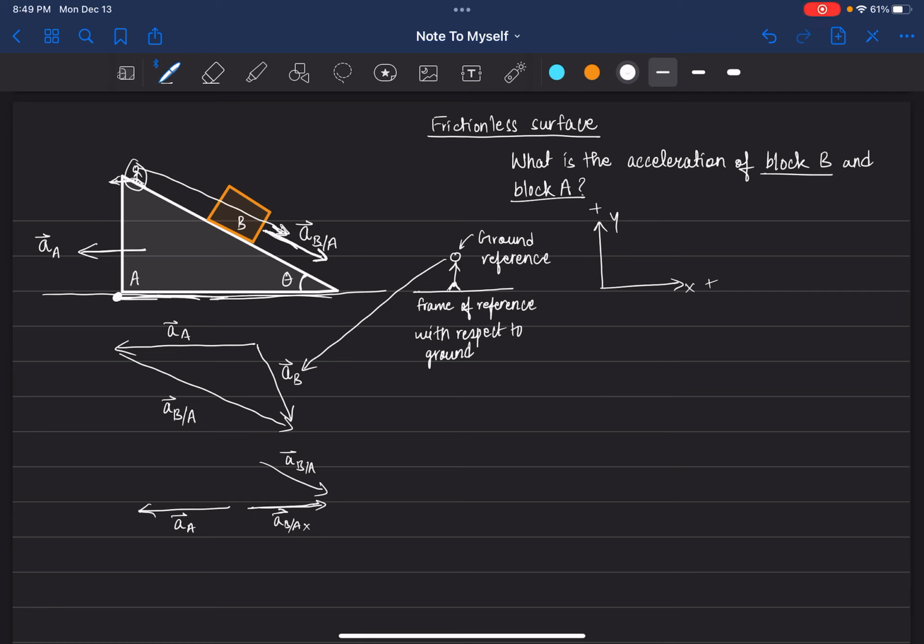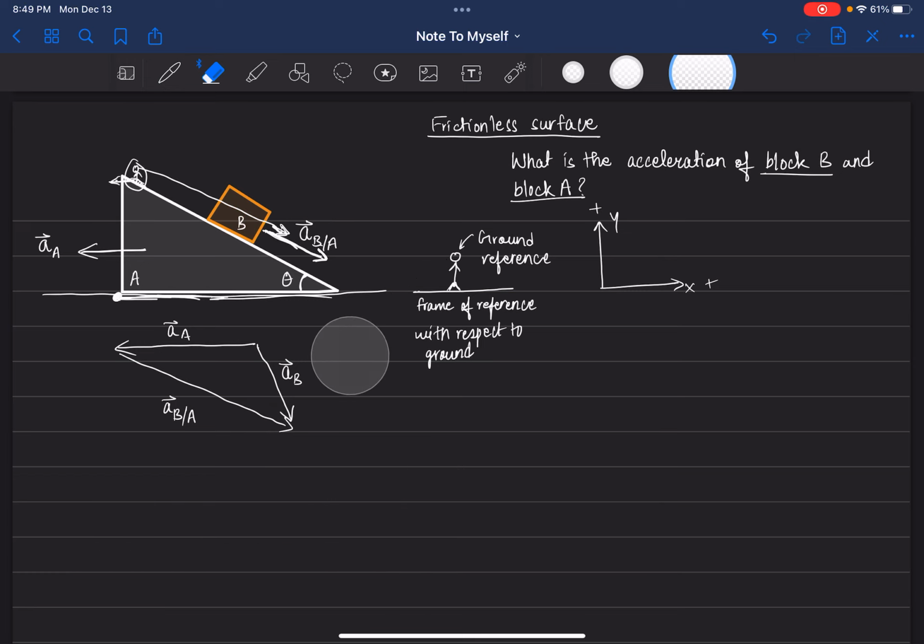So in the x direction, because they kind of cancel each other out, the acceleration of block B turns out to be a little less to the right. The x component of A of B is less than the x component of A of B with respect to A. So hopefully that kind of makes sense in terms of relativity.